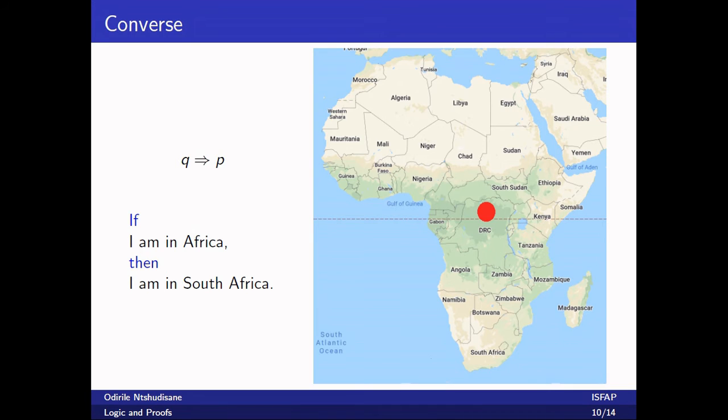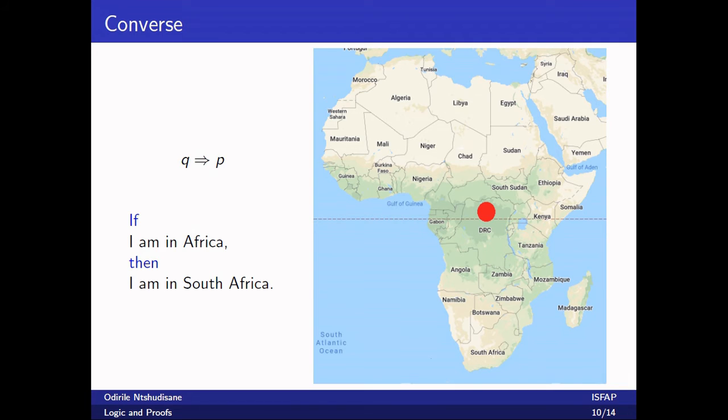The converse of this statement, Q implies P, would be if I am in Africa, then I am in South Africa. We'll notice from the picture that this is not necessarily true.